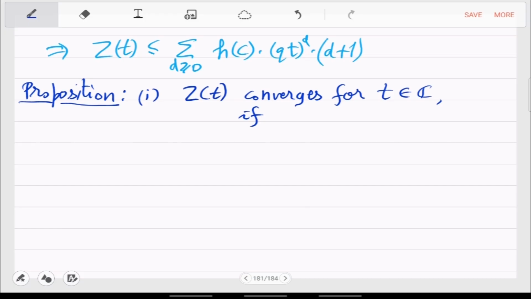Is this (qt) raised to d essentially which is growing very fast? You can also ignore d plus 1. It's only (qt) raised to d which is growing exponentially. So that's the thing which you have to make sure keeps getting closer to 0. For that, it's equivalent that qt should be less than 1. So that's the condition.